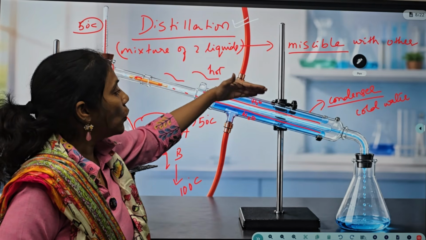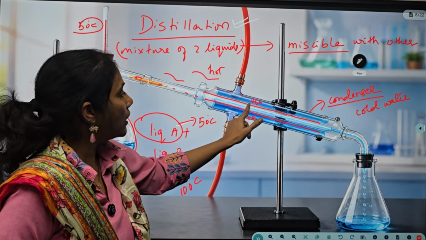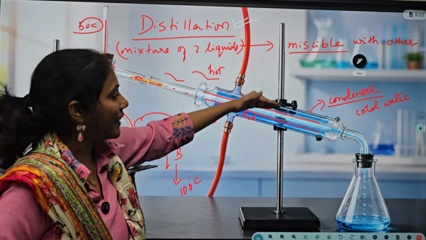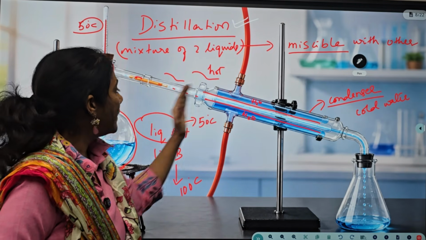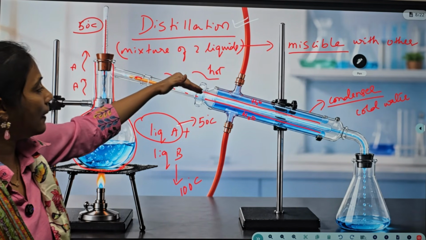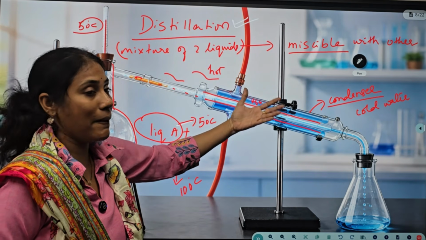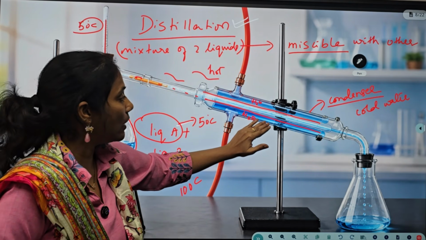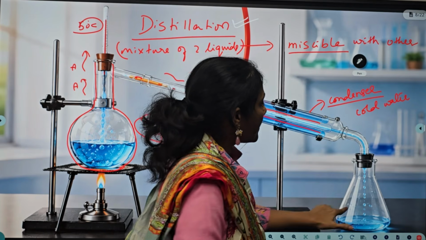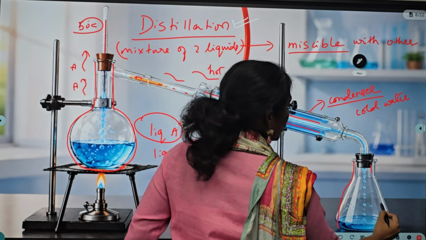At that cold temperature, the hot vapors are converting back into liquid. So here on heating, hot vapors are coming. In the condenser, the hot vapors are condensed back into liquid, and now that liquid is collected here in another conical flask.